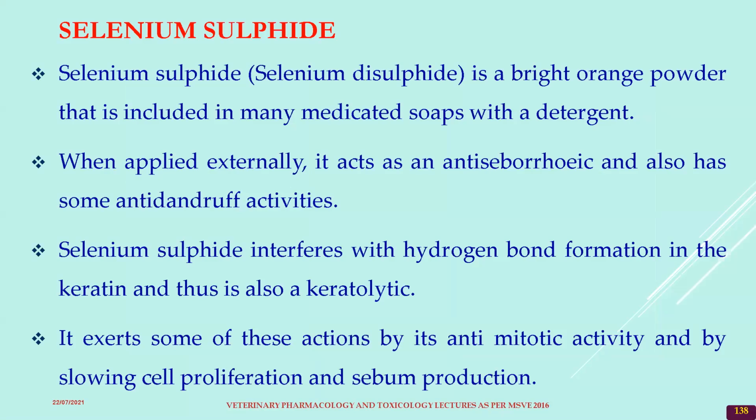This is selenium sulfide. Many of you might have used it, especially whenever there is itching in the scalp. That's the Selsum shampoo, I think you might have heard. It's a bright orange powder that is included in many medicated soaps with detergent. It is one of the substances that causes selenium toxicity if ingested. When applied externally, it acts as an anti-seborrheic and also has some anti-dandruff activity.